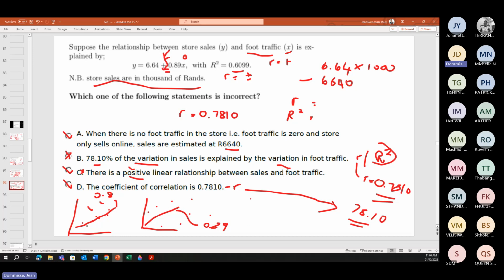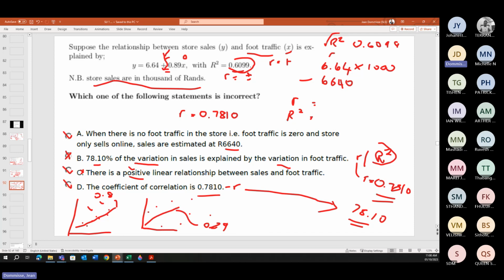Okay, cool. So for R, you will get the R square. The R square was given as 0.6099. So basically, to get from R square to R, we just square root.